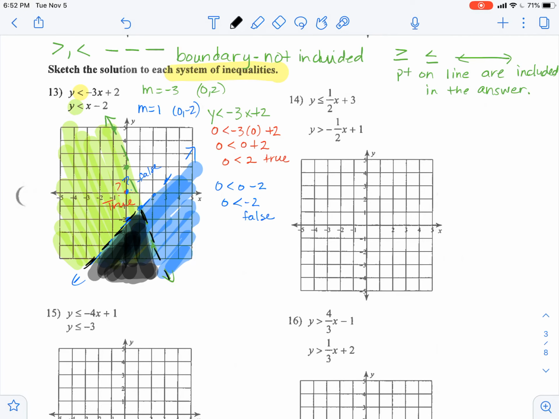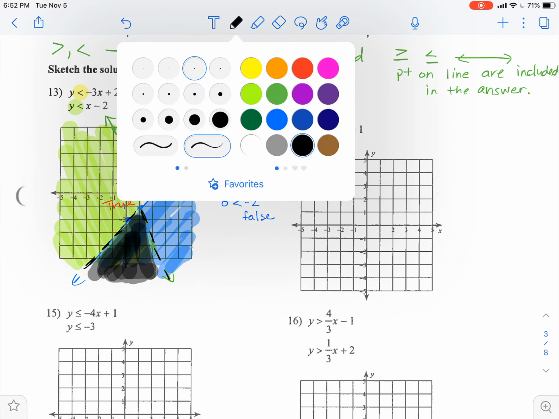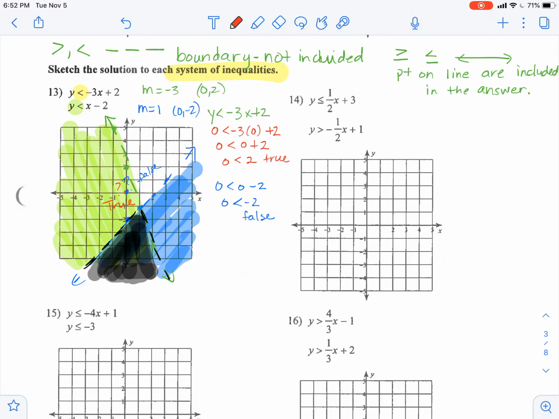Okay, so if I was asking you about a point that is in my answer, anything in here would be part of your answer. What would not be a part of your answer is that boundary line. In other words, if I looked at the point (2, 4), right there, that is not part of the answer, because my lines are dotted.